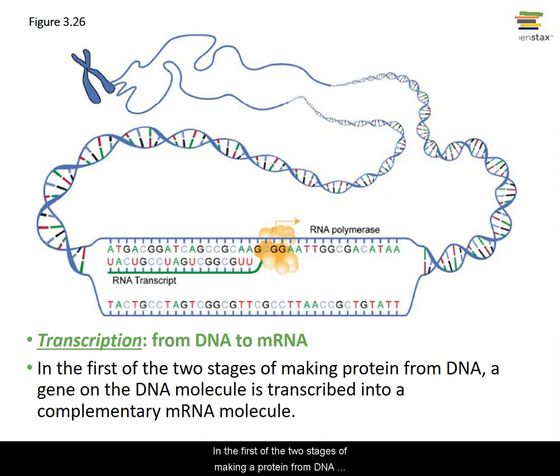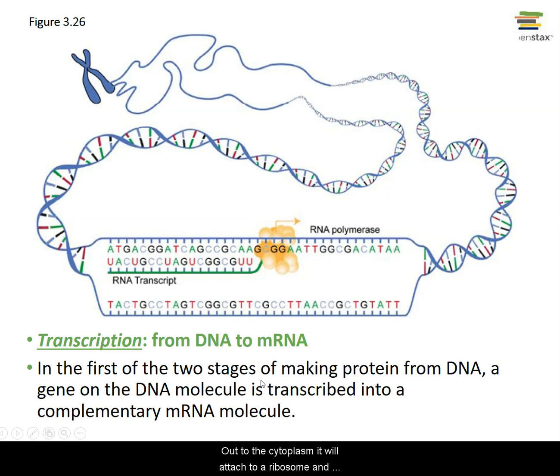In the first of the 2 stages of making a protein from DNA, a gene on the DNA molecule is transcribed into complementary messenger RNA molecule. This happens in the nucleus of the cell, and then that messenger RNA has to leave the nucleus and go out to the cytoplasm through the nuclear envelope pores out to the cytoplasm.